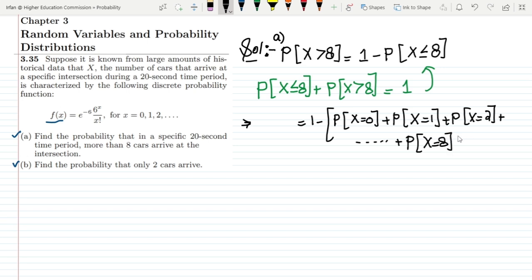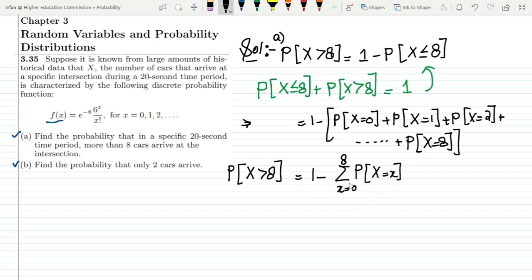Okay, so that is what we will have here. In order to express it mathematically, for the probability that x is greater than 8, I can use the summation or sigma function, in which x goes from 0 up to 8. Okay, and here we will have the probability that x is equal to the smaller x. Okay, so we can use this formula.